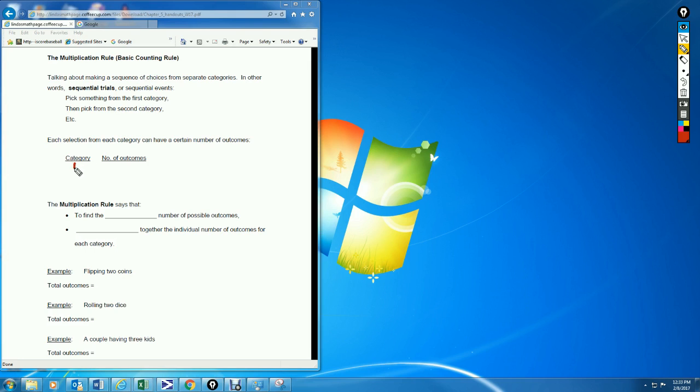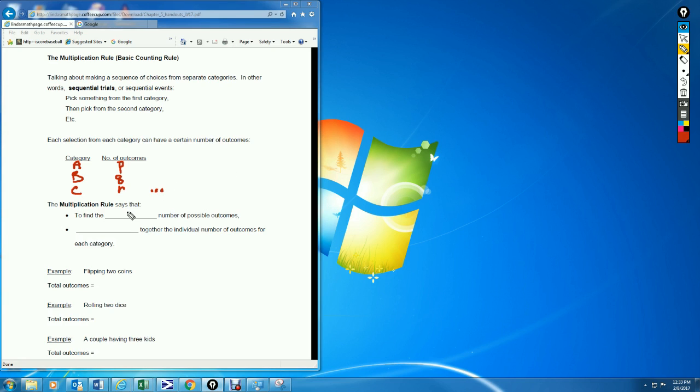So for example, whatever the first category or event is, maybe it has P total outcomes. Maybe the second category has Q outcomes. And maybe the third category has R outcomes, and so on, however many you have.